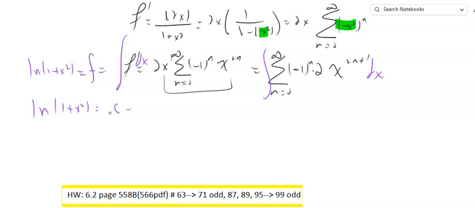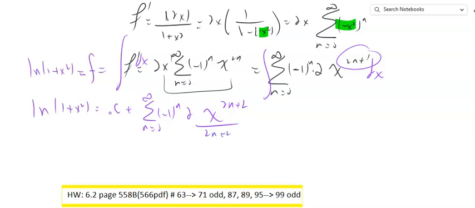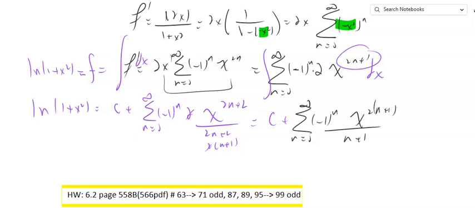Well, this is going to be c plus the series n equals 0 to infinity, negative 1 to the n power 2, add 1 to the power, that's 2n plus 2, divide by that. And if I factor a 2 out, I notice that those two cancel out. Not only that, that is c plus the series n equals 0 to infinity, negative 1 to the n, x to the 2 into n plus 1 over n plus 1.